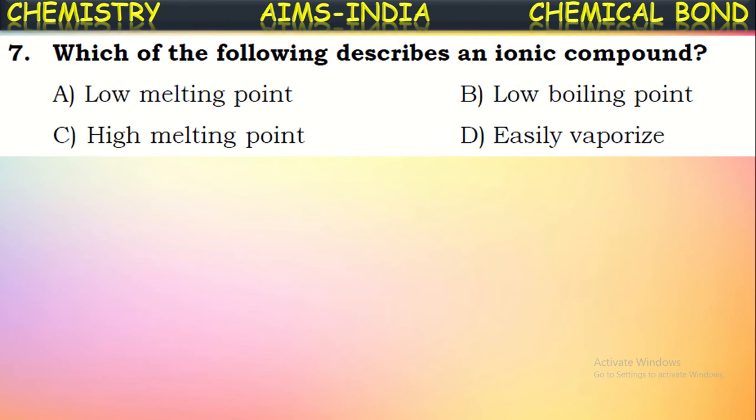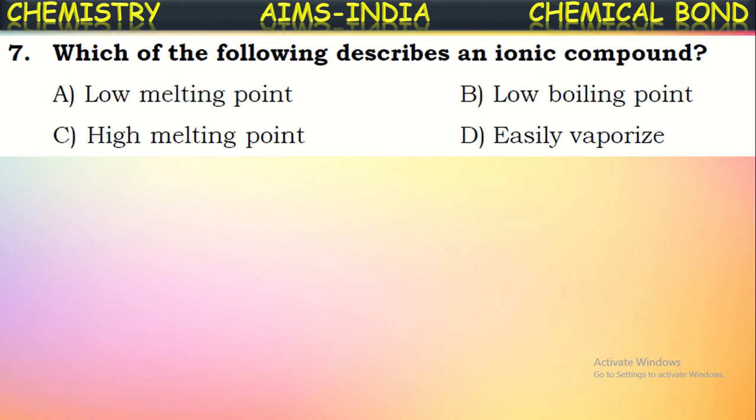Okay, next one. Which of the following describes an ionic compound? Here some properties are mentioned. Which property describes an ionic compound? Let us see: low melting point, low boiling point, high melting point, easily vaporizes. Ionic compounds are strong solids, hard solids actually.